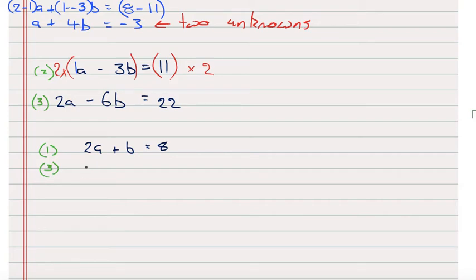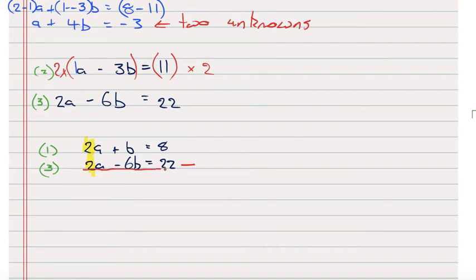Equation 3 is going to be 2a minus 6b equals 22. And notice I've got a common coefficient now, the 2a and the 2a. So if I subtract equation 3 from equation 1, I'll cancel out these a's and I'll just be left with an equation with a single unknown, b.